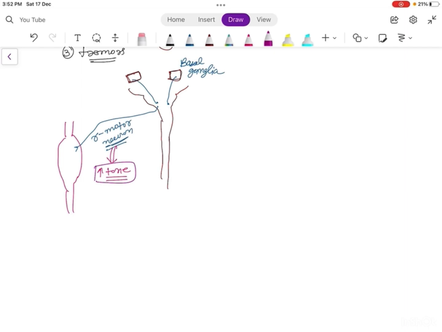They are under constant control of these dopamine neurons, which come from the basal ganglia, right? What is the role of dopamine neurons? These dopamine neurons are inhibitory in nature. So they control the firing of gamma motor neurons and somehow maintain our normal tone. But what happens in Parkinson disease is that dopamine is not secreted properly, or dopamine is depleted.